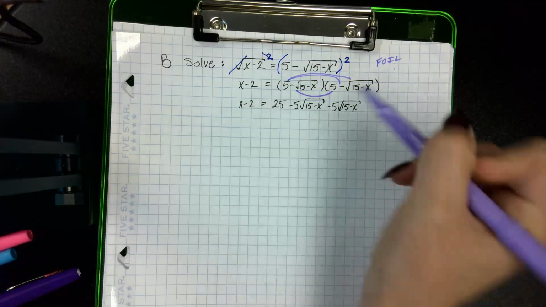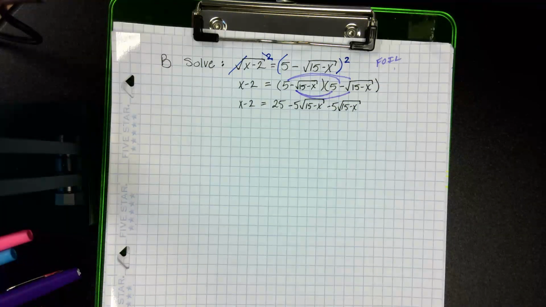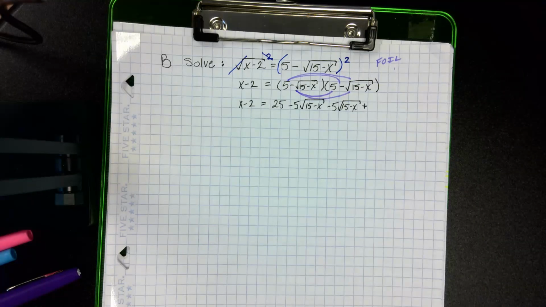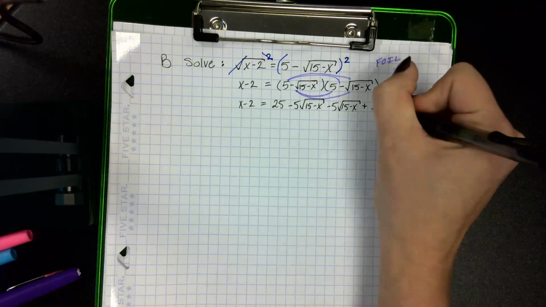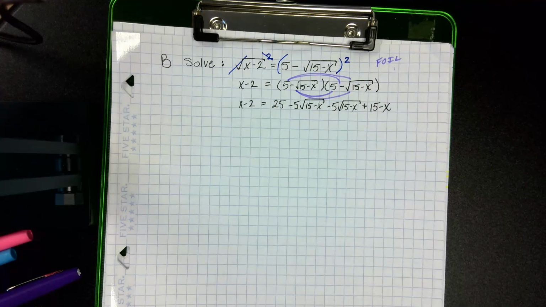And then last, negative square root times negative square root. So that's positive square root times square root. That's square root squared, right? Square root squared eliminate each other, so it's just what's left under the radical, 15 minus x. Okay?